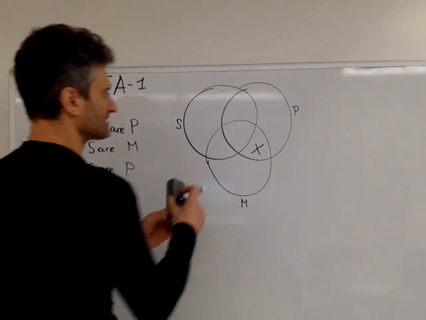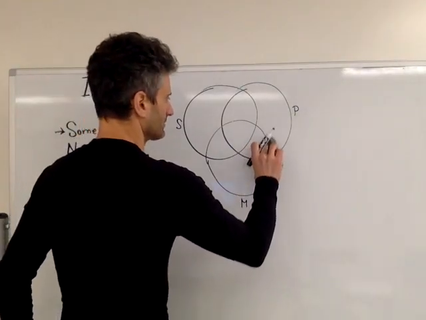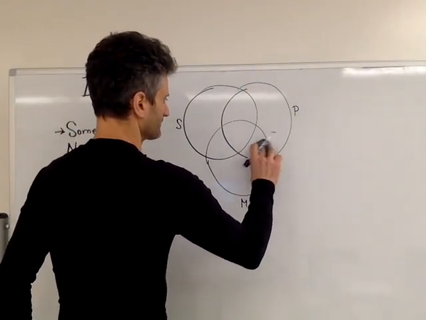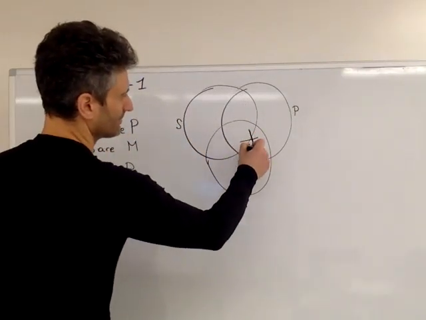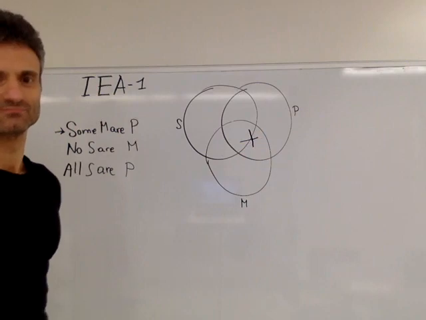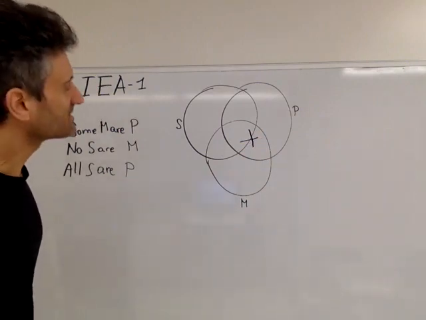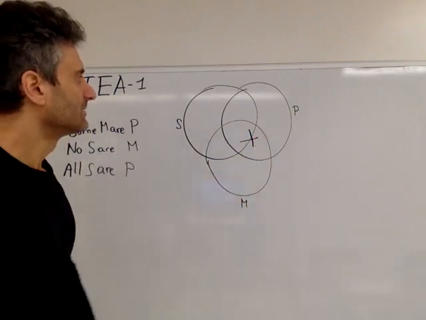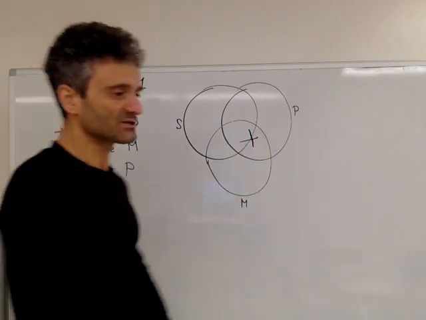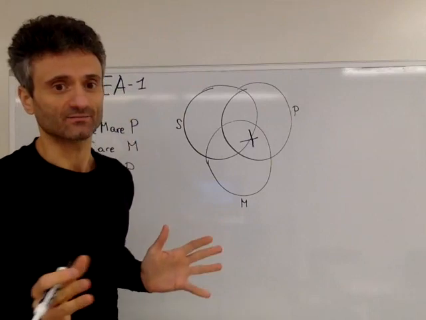Now, there's another option. There's a third option. The third option is that I place it in between. Okay, so if I place it in between on that line, essentially I'm not diagramming anything.